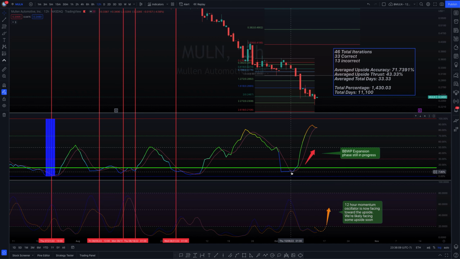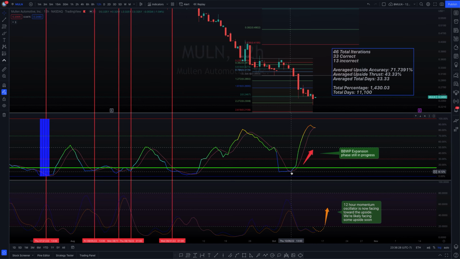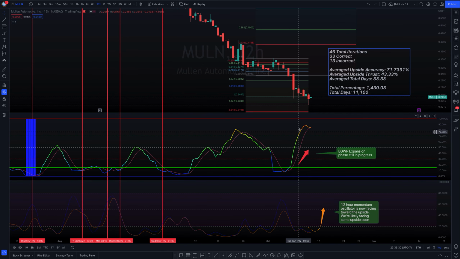So typically when we see reads below the 15 percentile or 10 percentile, the likelihood of volatility coming in on either side is pretty great. We're going to have to recalculate how many iterations we've retraced from the higher percentile, because the expansion phase can go all the way up to 100% and the contraction phase all the way down to 0.